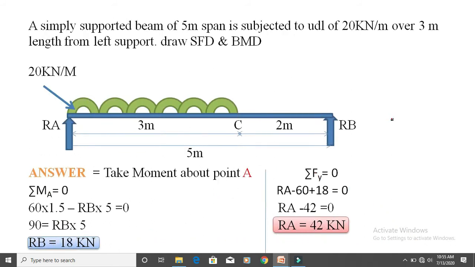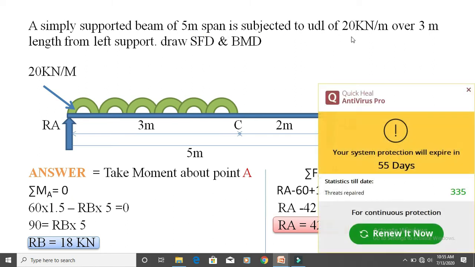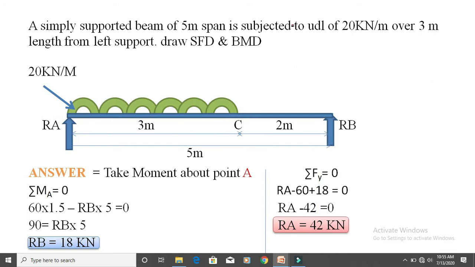Then the second problem: a simply supported beam of 5 meter span is subjected to a UDL of 20 kilonewton per meter over 3 meter length from the left support. Draw SFD and BMD. So this is a beam with RA and RB supports, with span of the beam 5 meter.